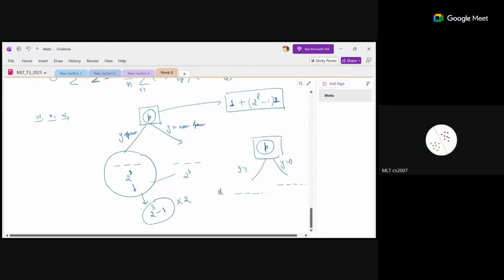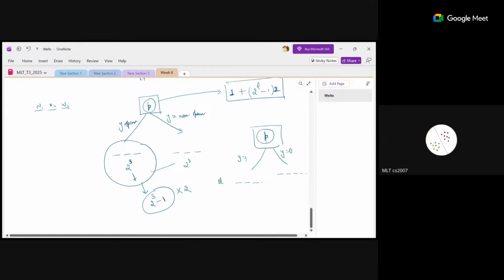So for the y equal to 1 case, you have d number of parameters that you want to estimate. Even on the non-spam side, you have the same d number of parameters you want to estimate.